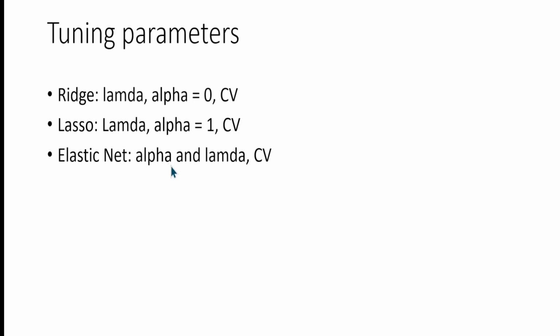But sometimes when you tune your parameter, your best model may fall somewhere at alpha 0.2 or alpha 0.9 or something. What I wanted to say is alpha is set between 0 and 1 in multiple values, and your model tuning process will choose which one is the best parameter for your best model.